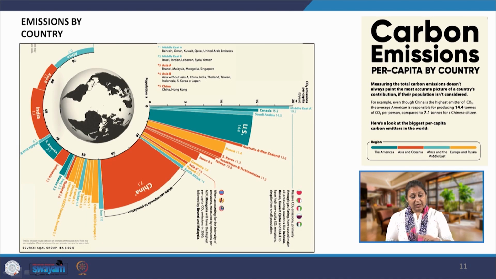Now, if we look at emissions by countries, and if you remember what I was talking about in the previous lecture, it is about per capita consumption of energy multiplied by the total population. If you look at this particular graph, you can see here the numbers written: US 14.4, China 7.1, India 1.7 and Africa 0.7.